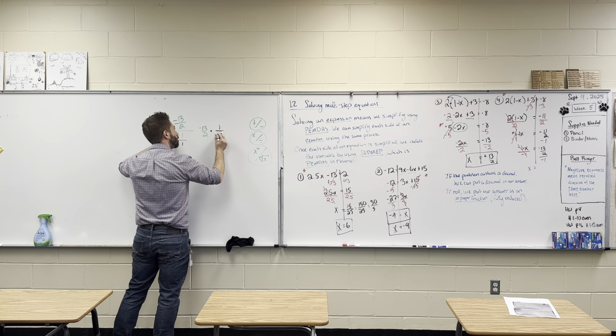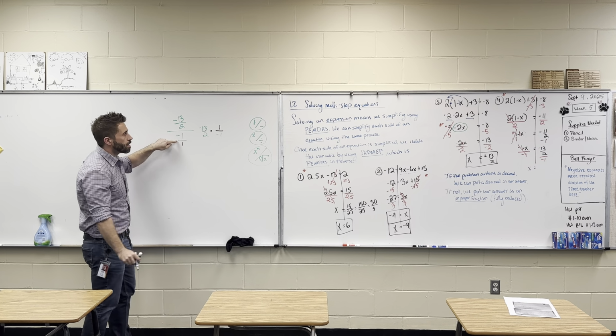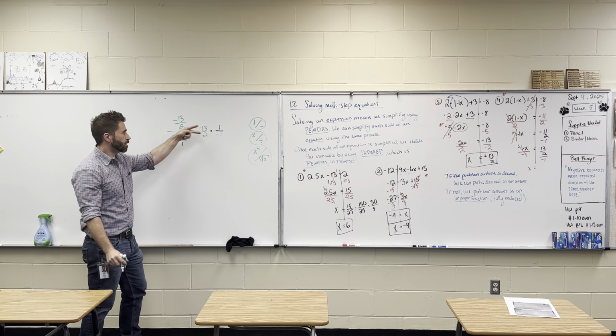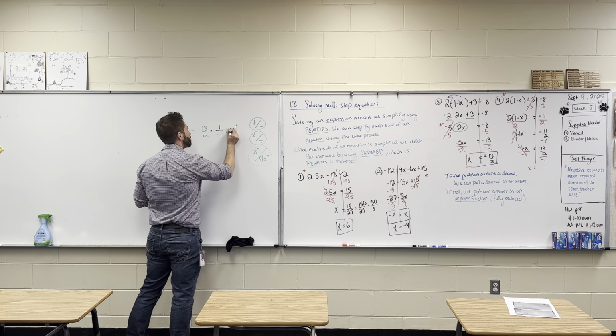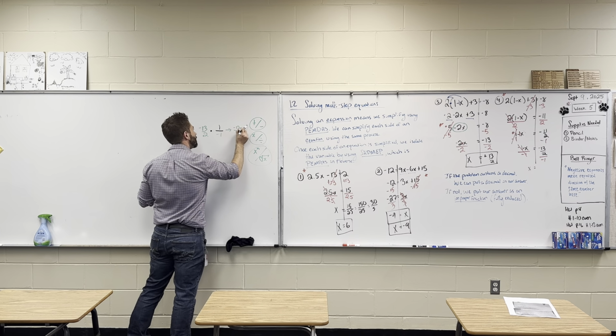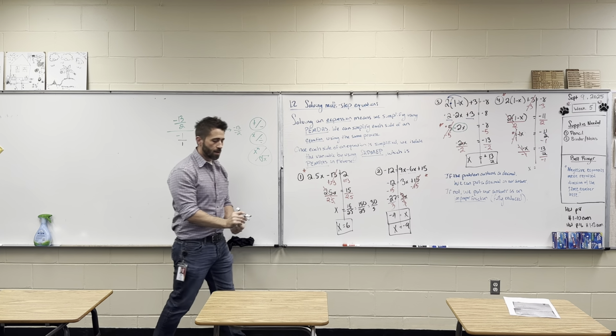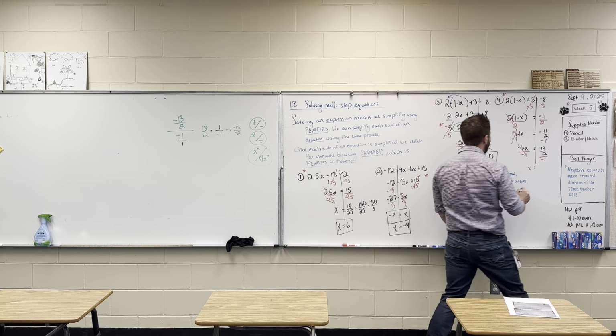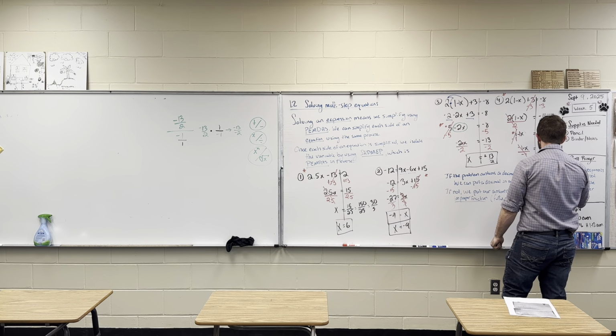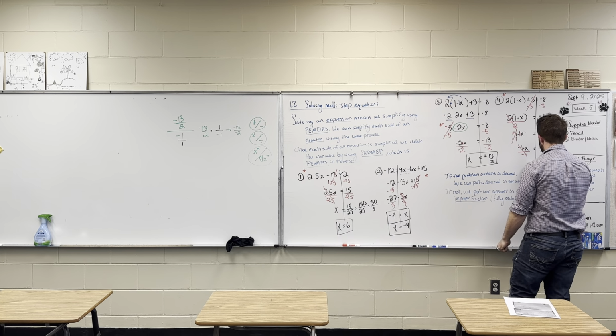That will become 1 over negative 1. Now that it's a multiplication process, I multiply straight across. This will give me a negative 13 over a negative 2. What's a negative divided by a negative? Positive. That will give me a positive 13 over 2.